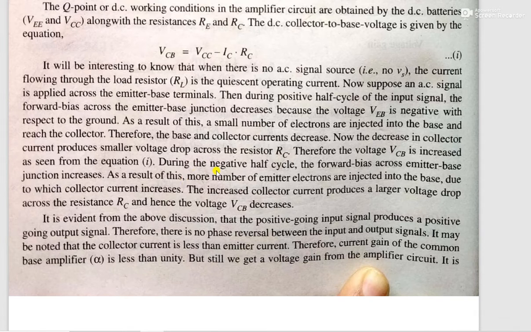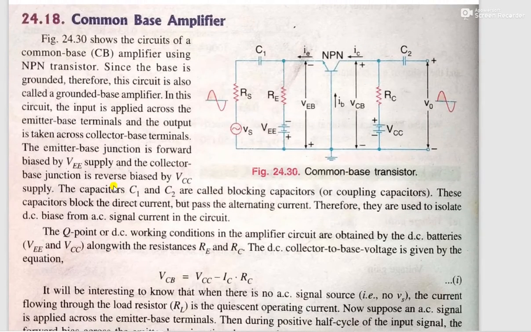Now during the negative half cycle, the forward bias across the emitter base junction increases. Why? See over here, this becomes some positive polarity. It becomes reverse. Positive goes to the emitter terminal of the transistor.